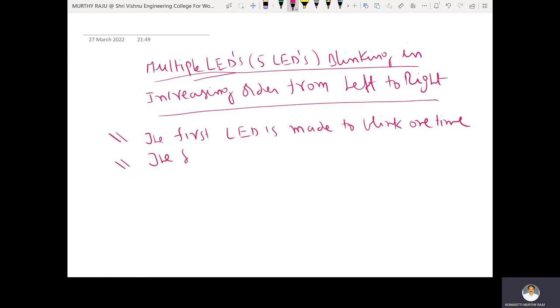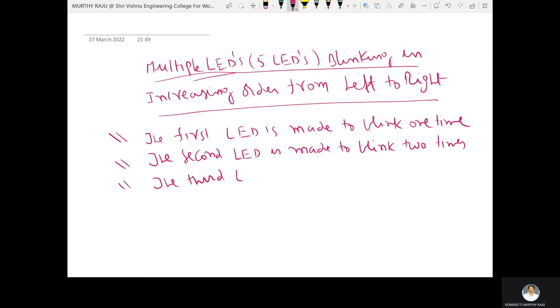The second LED is made to blink 2 times. The third LED is made to blink 3 times.